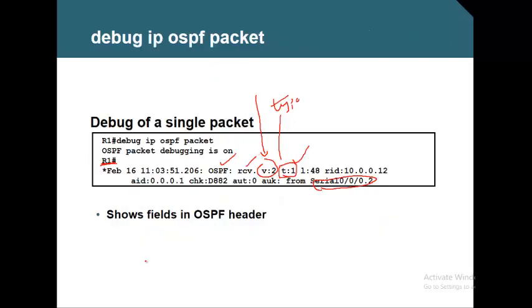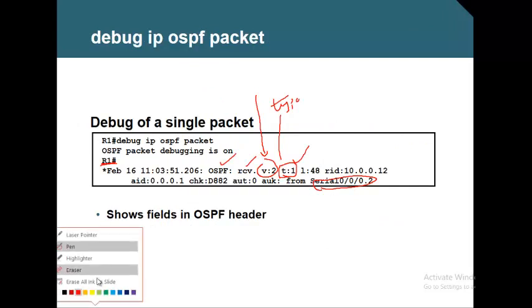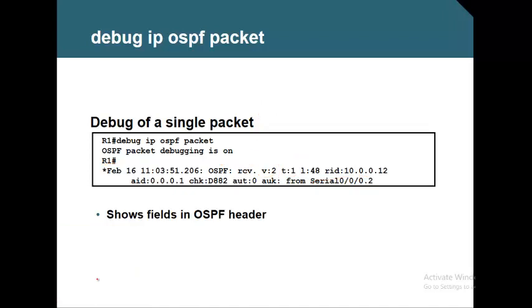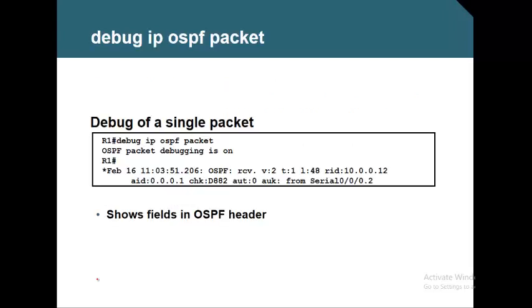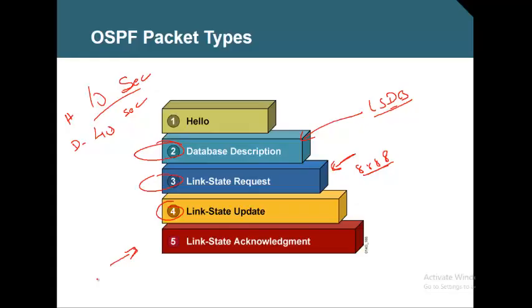This page I already explained to you, the debug. In the lab session, I will show you by capturing using Wireshark when I do the lab. Right, so this chapter was about the OSPF packet types.